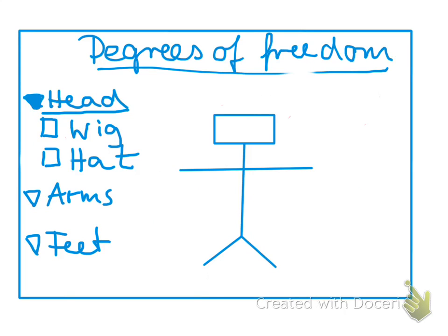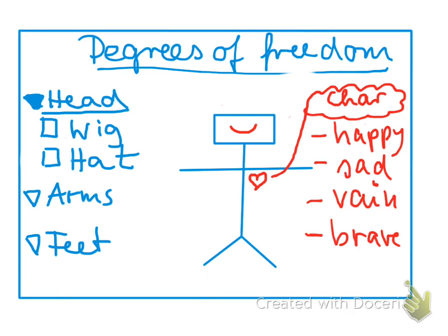But that's all nice so far, but I think we forgot something very important about this little fella, and that's that he's got a heart as well, and a soul. So we have this other degree of freedom here, the character degrees of freedom, and we can choose whether he's happy or sad or vain or brave.